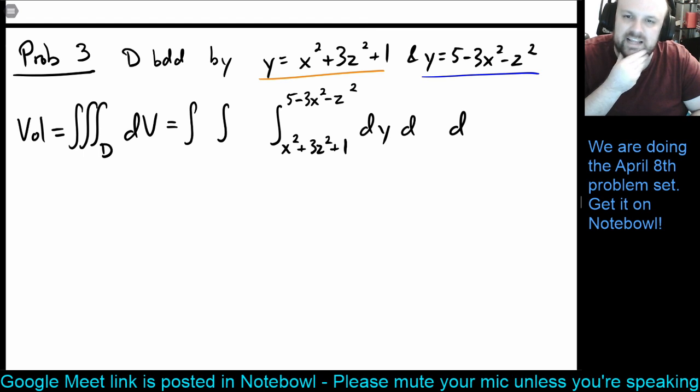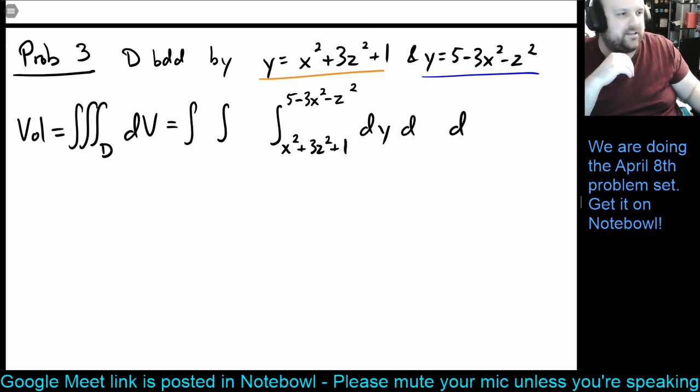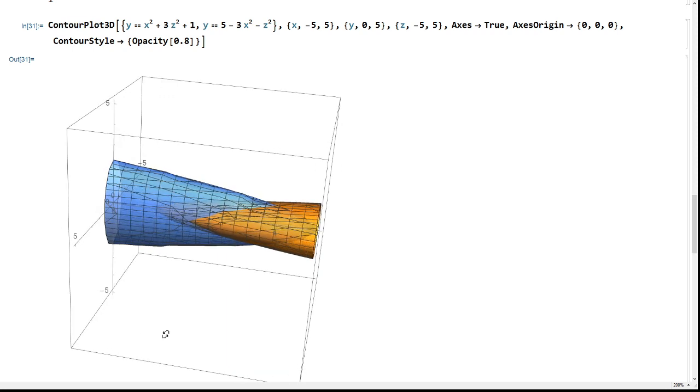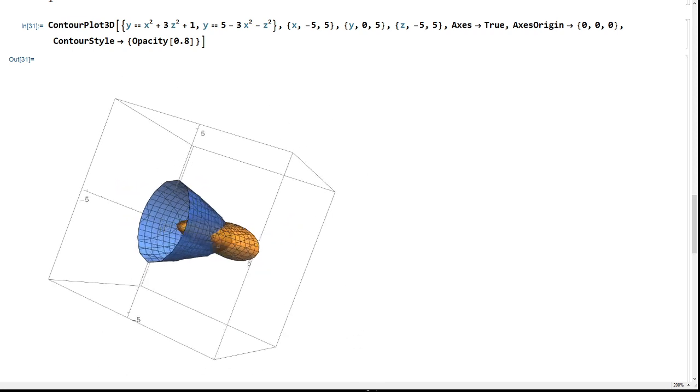To answer that question, you really want to look at what the shadow of this shape is in the XZ plane.